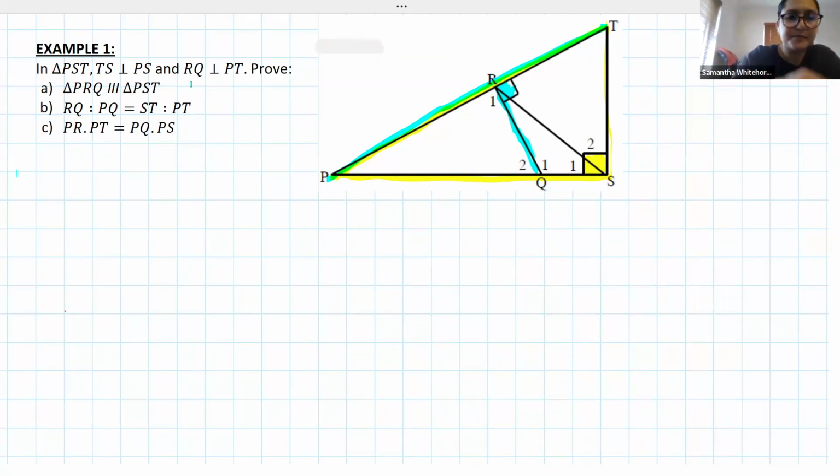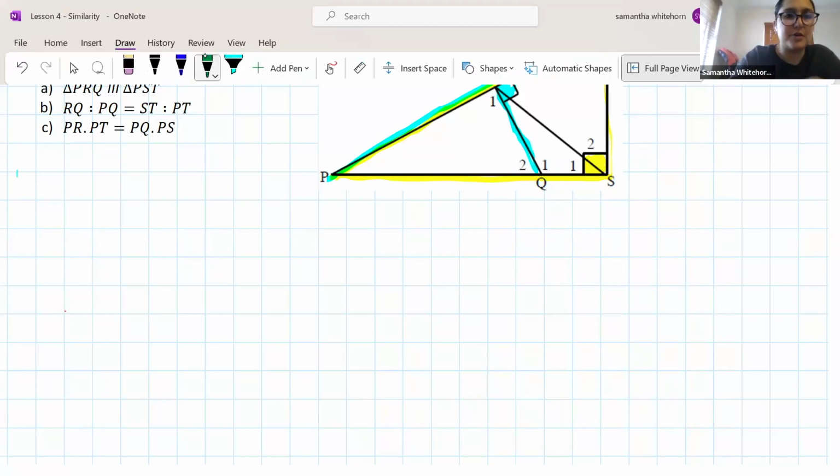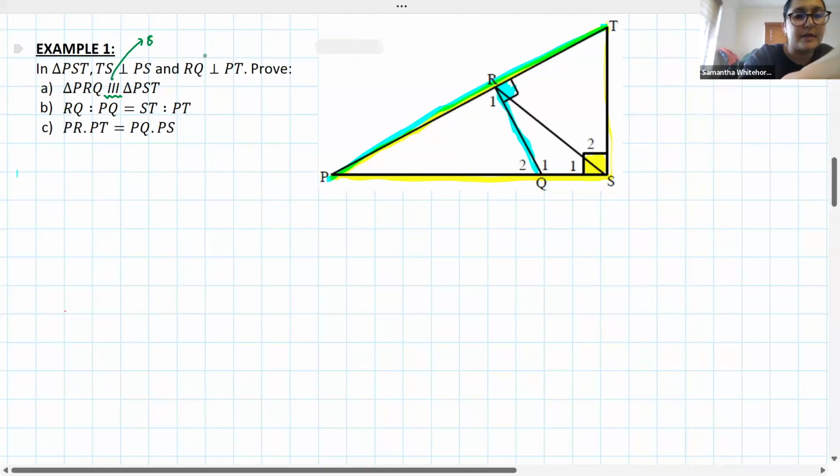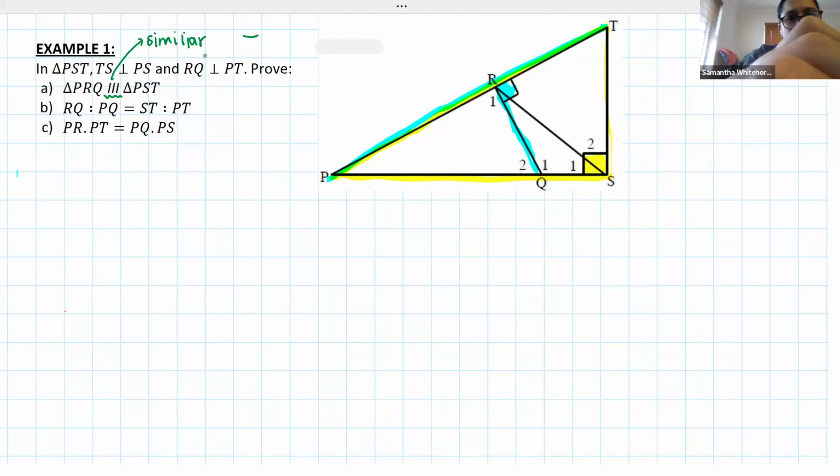Just remember, and I probably should have put it earlier, but it doesn't matter, this symbol over here means similar. The three horizontal lines means congruent. That's not how you spell congruent.